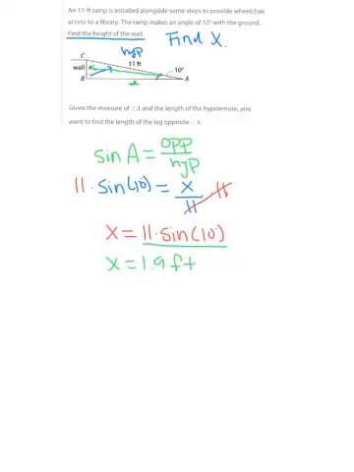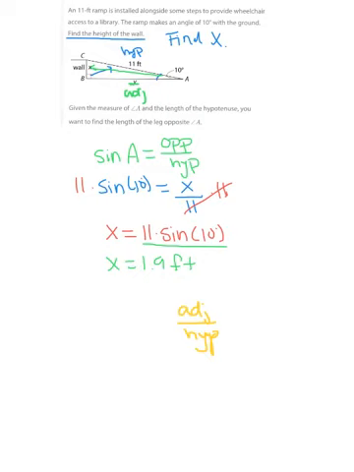So if I'm trying to find from angle A the adjacent side now, then the question becomes, what trig ratio uses adjacent over hypotenuse?